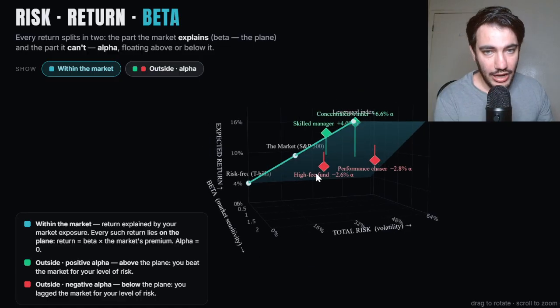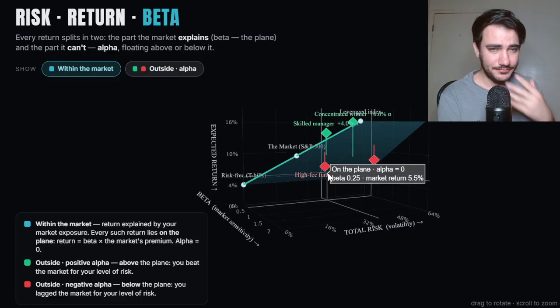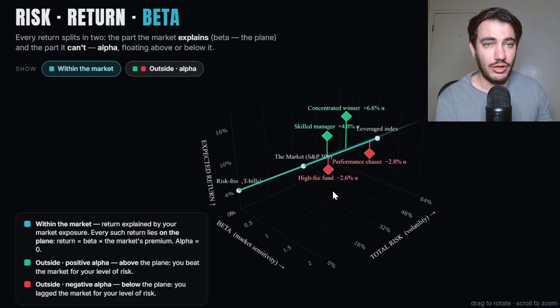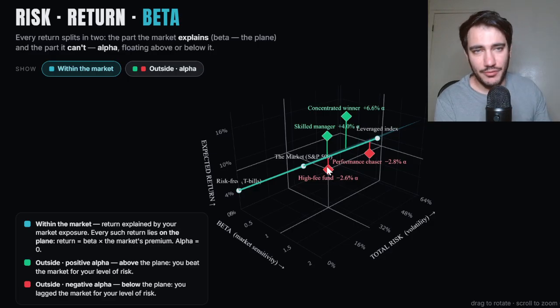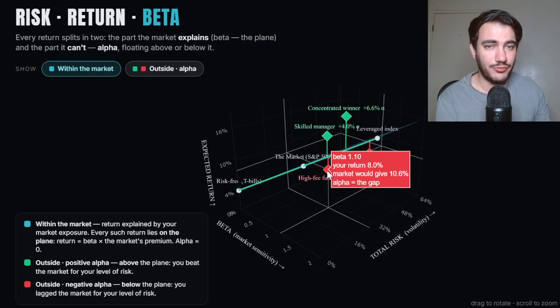So a high fee fund, for example, this is like a mutual fund. Plenty of those around where they don't perform very well when compared to like an ETF or a passive fund. They tend to underperform. And the reason that they underperform is, for example, you would take on 1.1 risk and you would expect roughly about 10.6% return for taking on about 110% of the risk of the SPY.